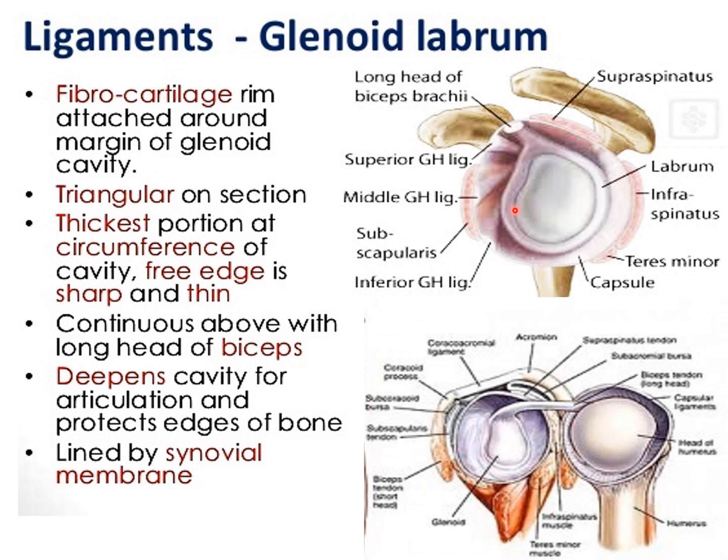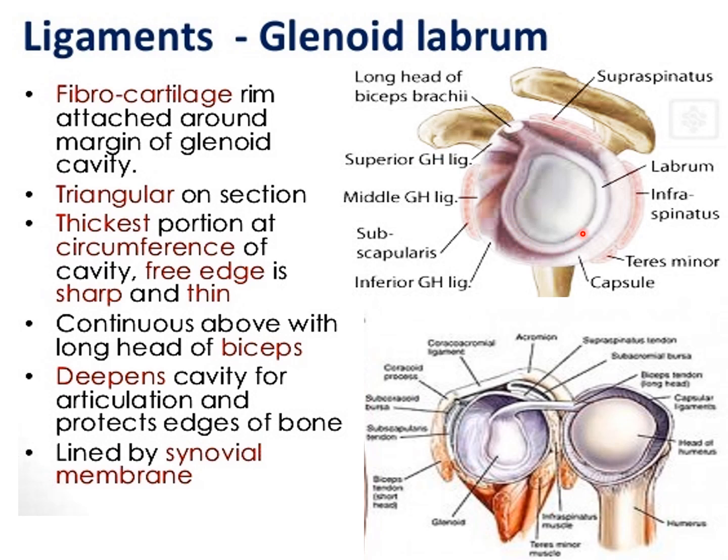It is made up of fibrocartilage and is attached around the margins of the glenoid cavity and appears triangular in cross section because it is thick in the periphery and thin and sharp at the free edge, and is continuous above with the intracapsular origin of the long head of the biceps.